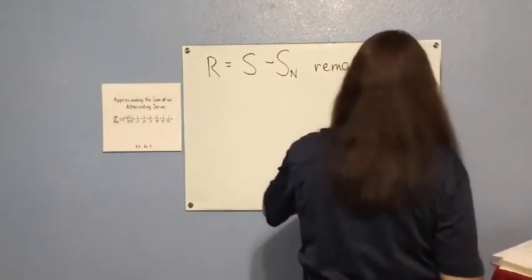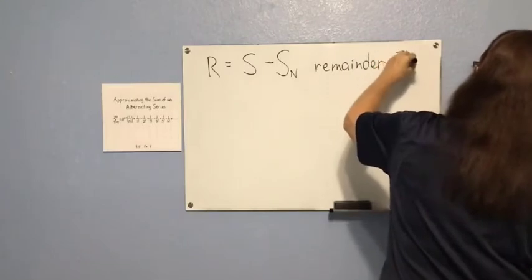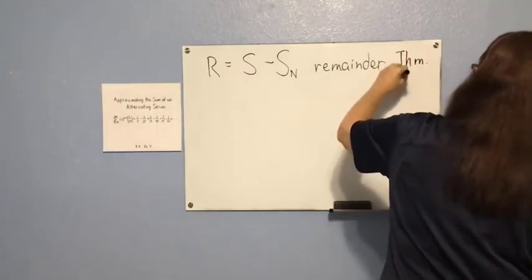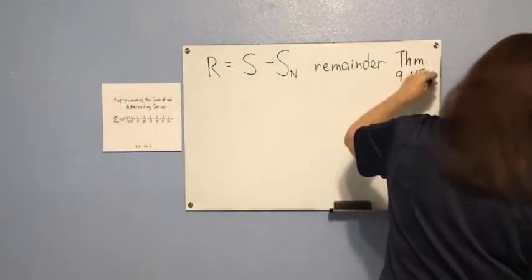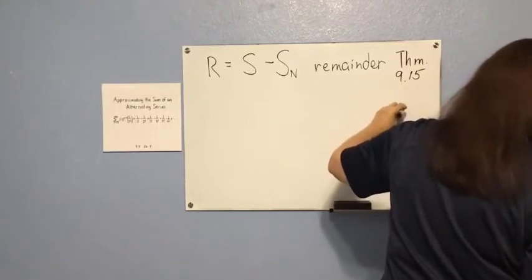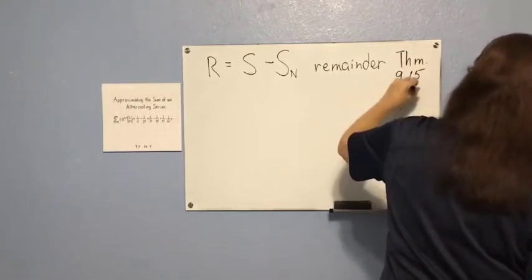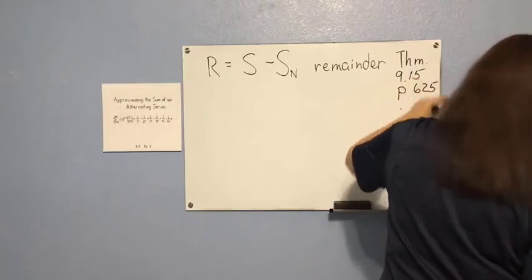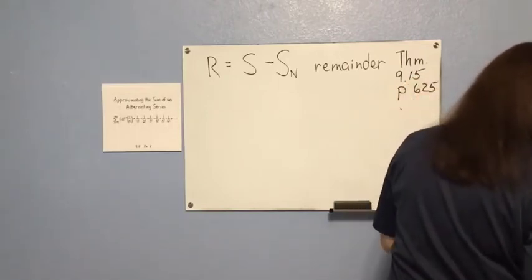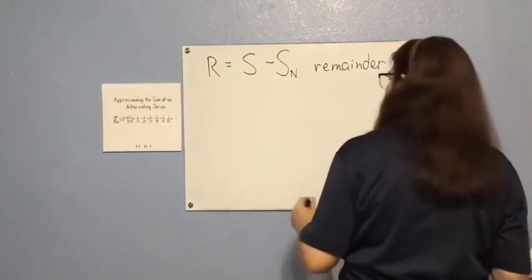Okay, we have a theorem, 9.15, and this is on page 625, called the alternating series remainder.